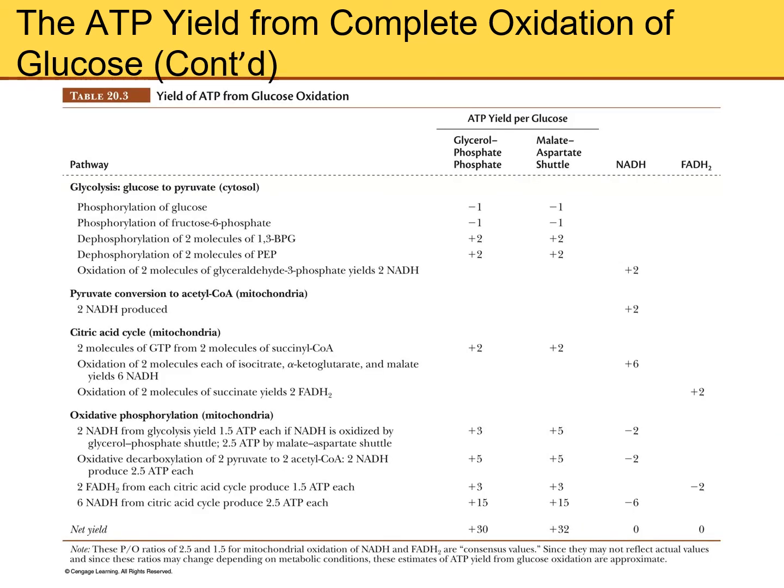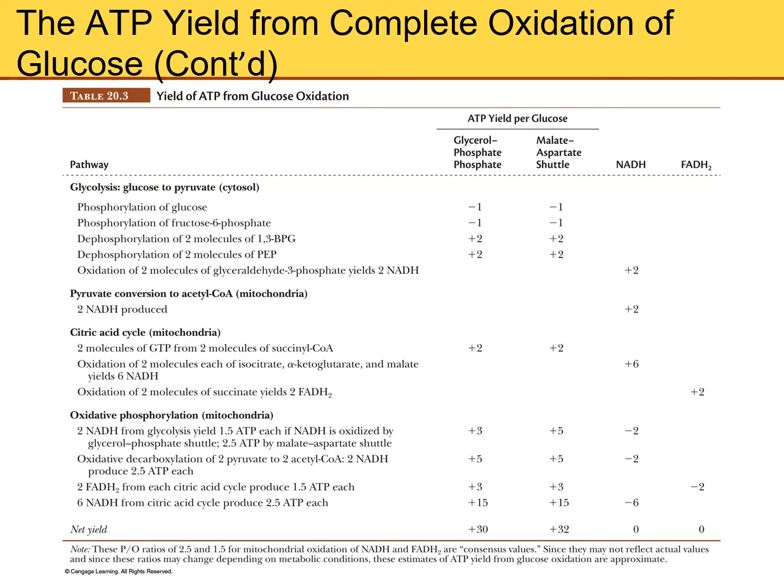Let's take a closer look at table 20.3 to get an idea of the yield of ATP molecules from glucose. If you look at glycolysis for both shuttle systems, you have -1, -1, +2, +2. So basically I have a net yield of 2 ATP molecules, and I have 2 NADH molecules produced in glycolysis.